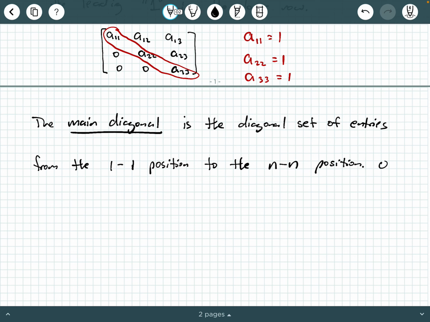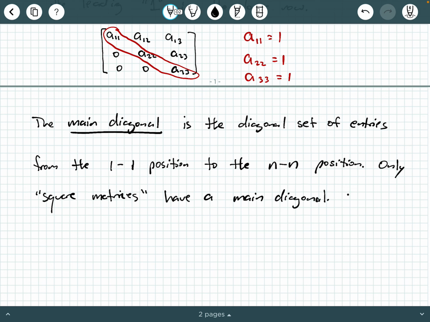And only what are called square matrices have a main diagonal.